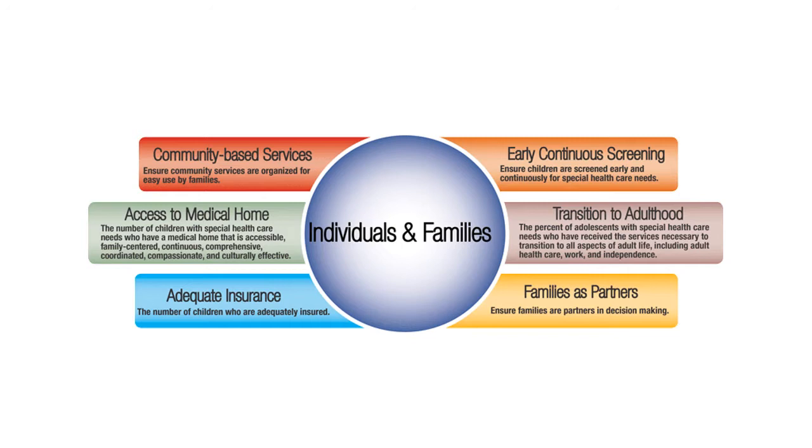The transition to adulthood is also very important. Special healthcare individuals are sadly more at risk of developing a poor quality of life in general. So promoting good healthcare, good independence, and good support amongst these individuals and families is integral from birth onwards. The families are always partners.